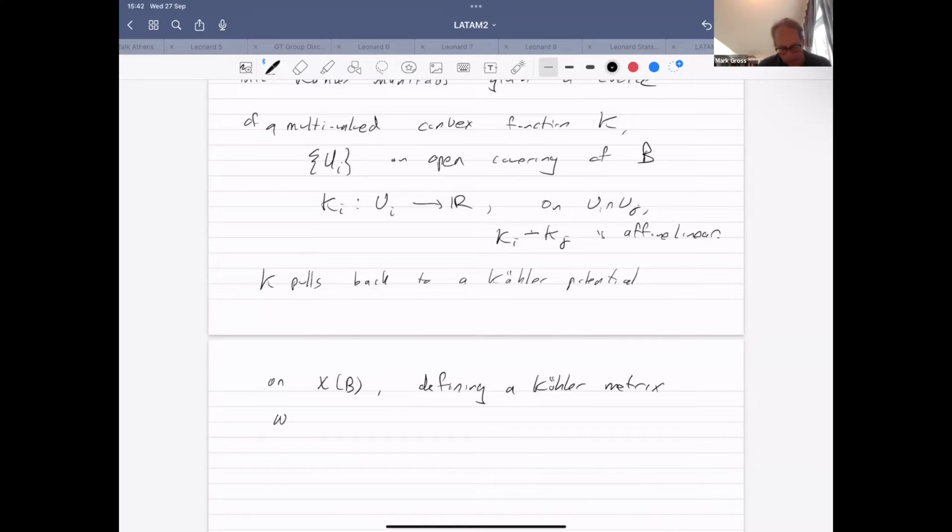Let's say I'll write the form omega on X of B, which is Ricci flat if the determinant of the matrix of partial derivatives, or the Hessian, if you will, is constant.